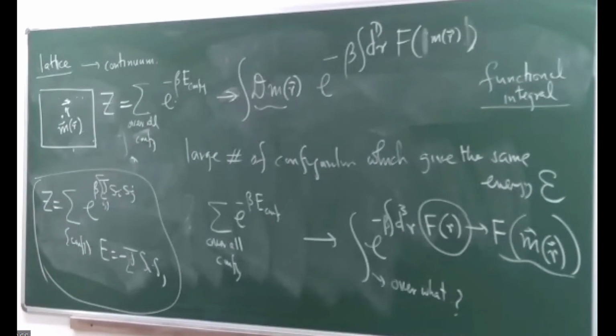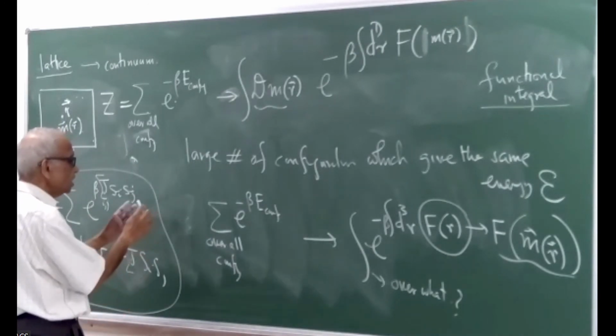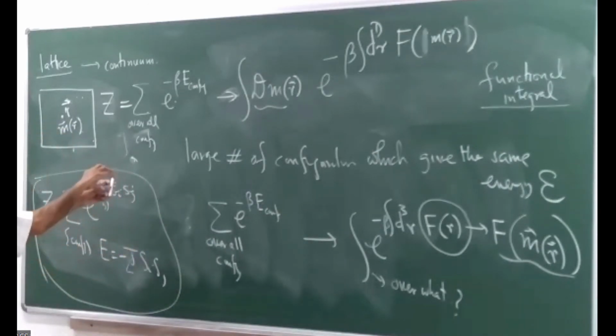Get the point? For a given m of r, some magnetization is 0 here, around this point it is 0.1, over here maybe it's 1, over here 2. That is a particular configuration m of r.